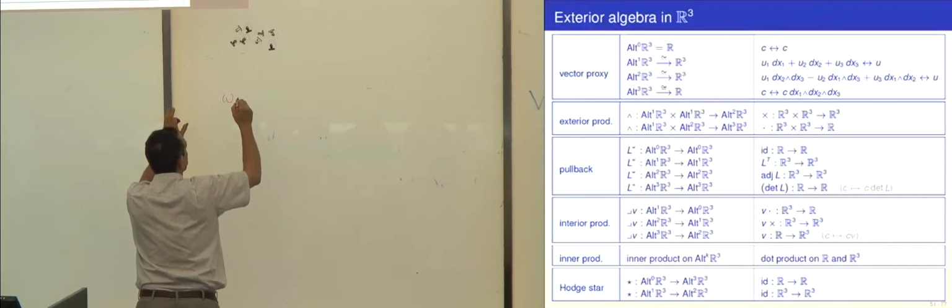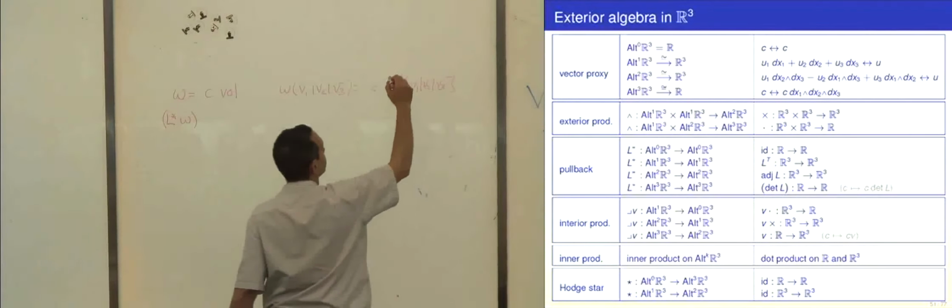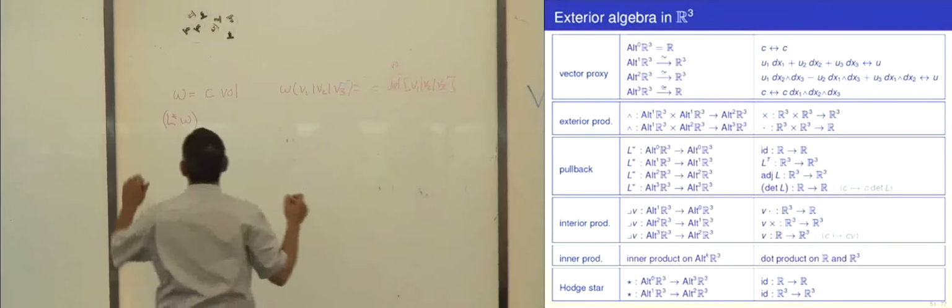That's the relationship between C and the proxy. This is the volume form. Okay, so L star of omega at V1, V2, V3 is, by definition, omega of LV1, LV2, LV3.